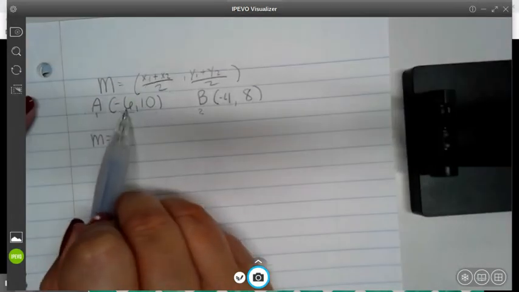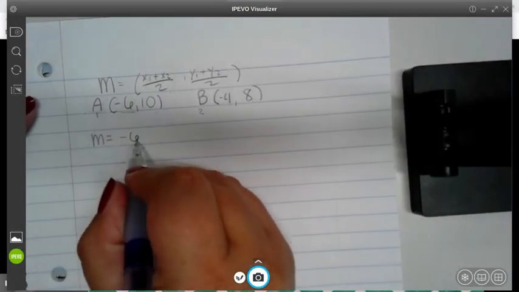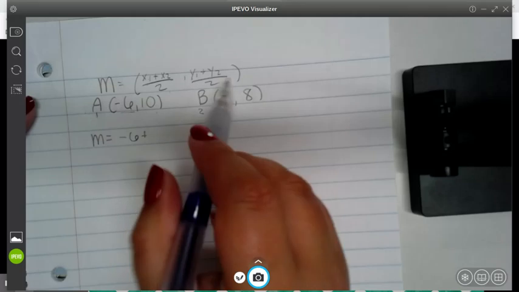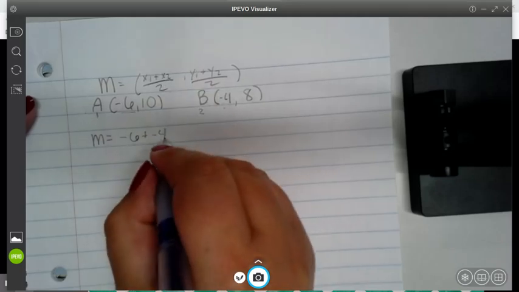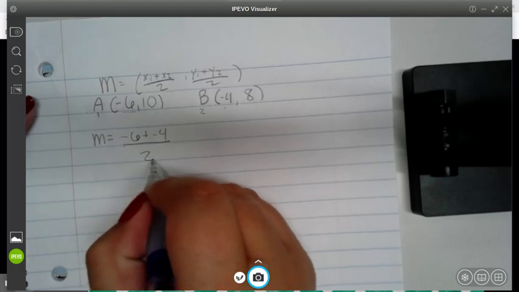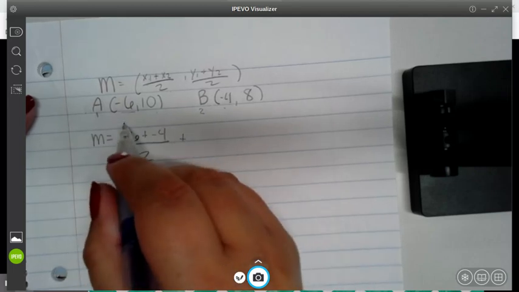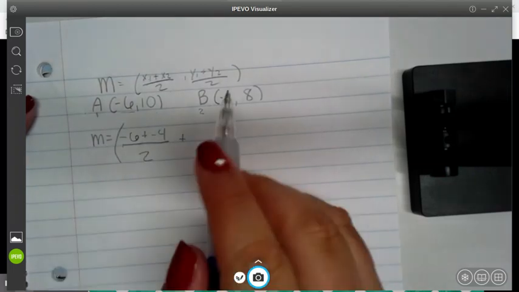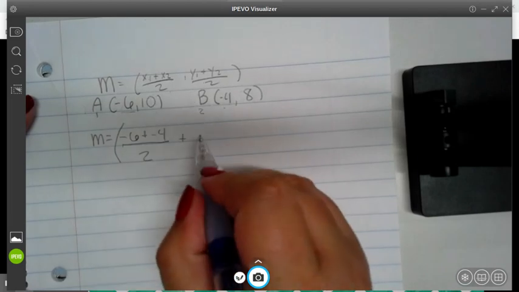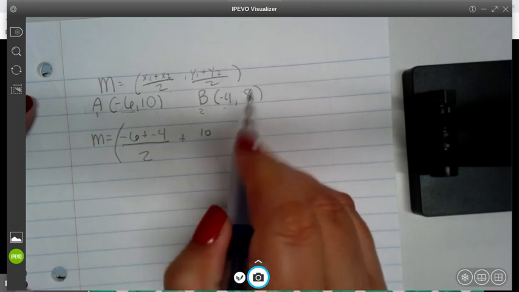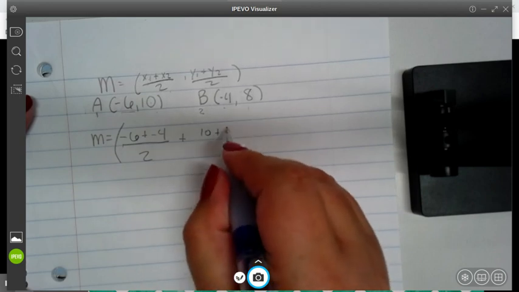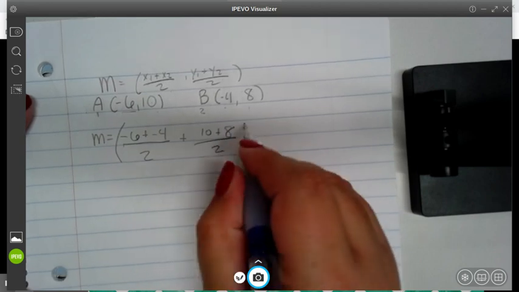So x1, -6, plus x2, which is -4, divided by 2, plus y1, so 10, plus y2, our other y2's over here, divided by 2.